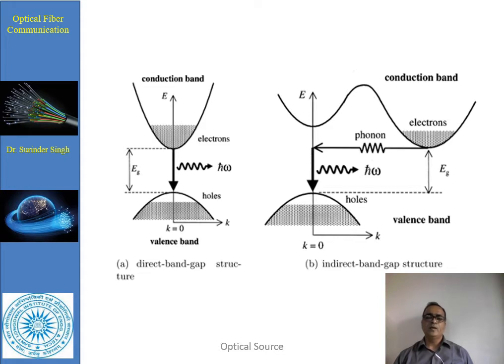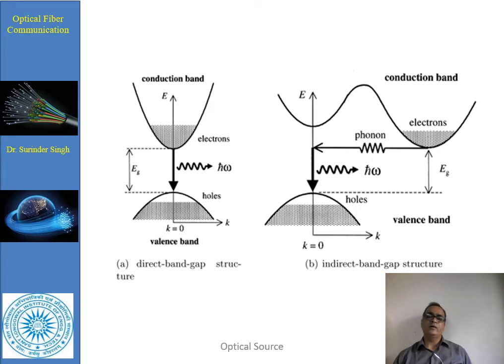Now here, whenever an electron transitions from the excited state to the ground state, there is liberation of a photon with energy h omega or h nu. So this energy is equal to the band gap energy Eg, and in this system there is just liberation of a photon.